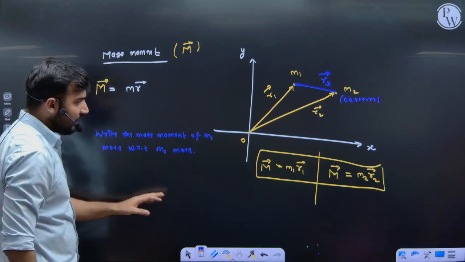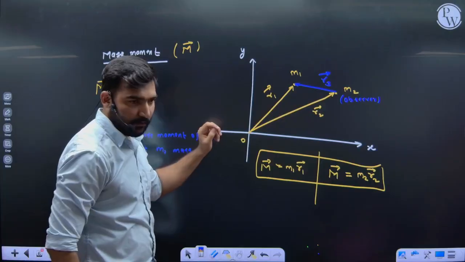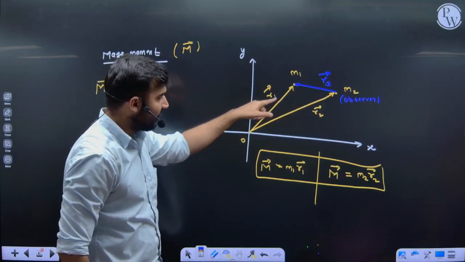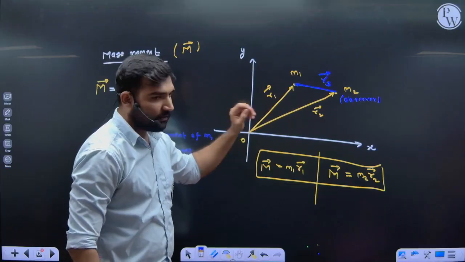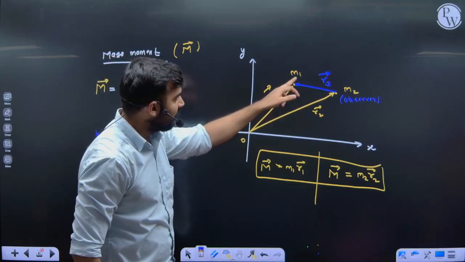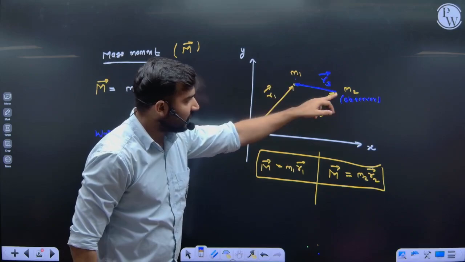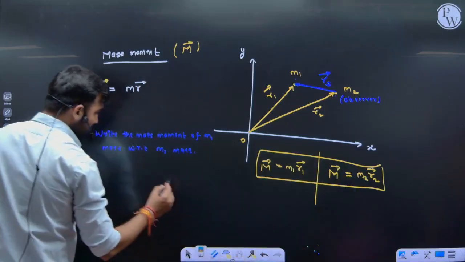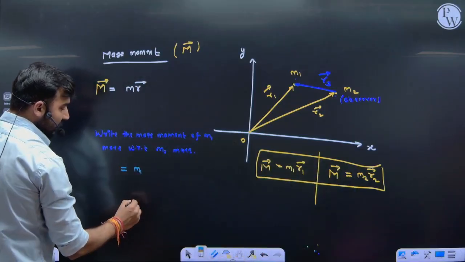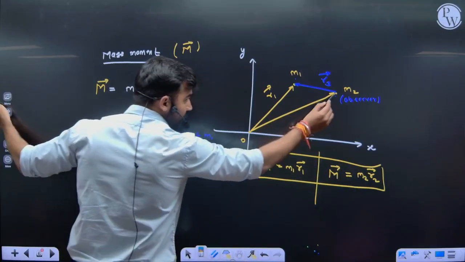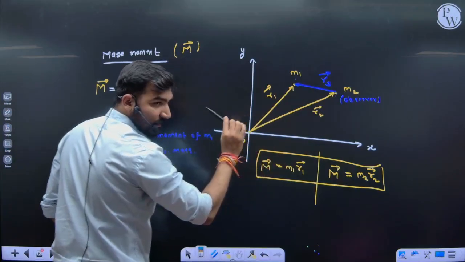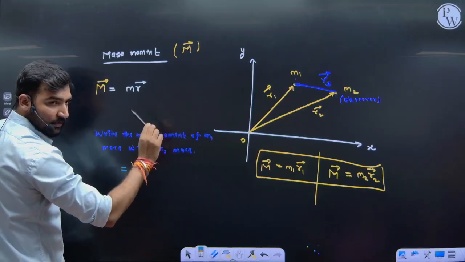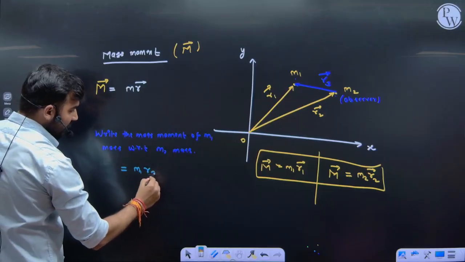Till now we have been writing mass moment with respect to the origin, so m1 r1 vector from the origin, m2 r2 vector. Now they are saying write the mass moment of m1 with respect to m2. So first of all, m1 mass into r vector. Now m2 is the observer, so I will consider this vector, with respect to m2. So I will write r3 vector. Done.